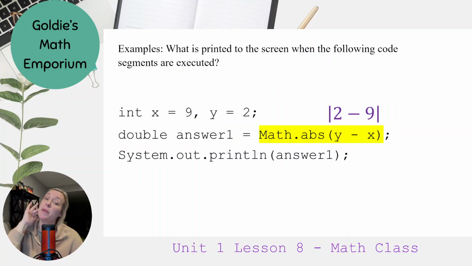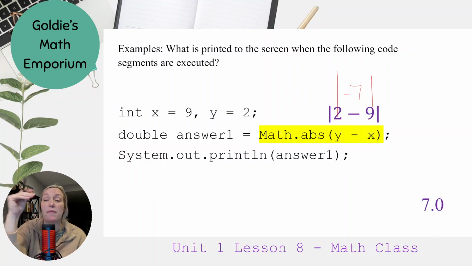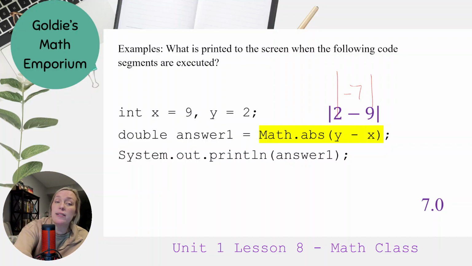Because that method has an expression between the parentheses, it's going to evaluate that expression first. So 2 minus 9 is negative 7, and then it takes the absolute value of negative 7, which is 7. It'll store 7 in answer1 as a double, and the answer is 7.0.